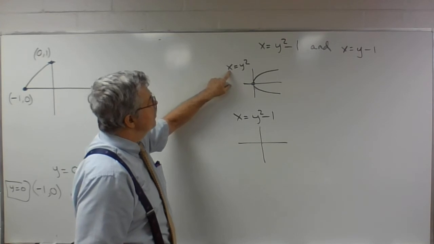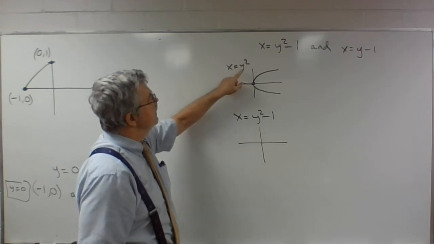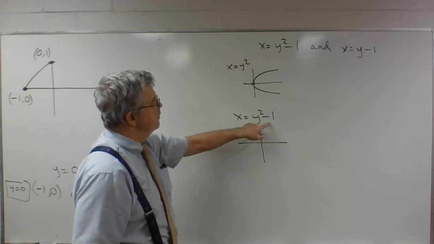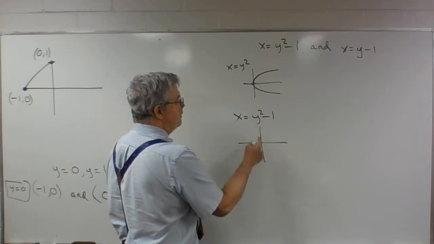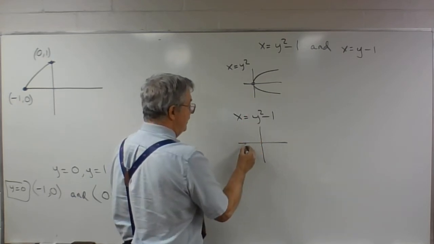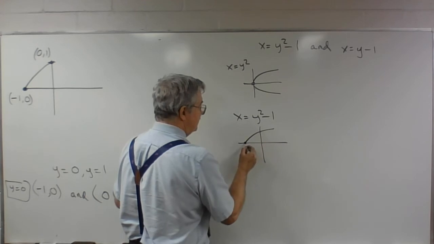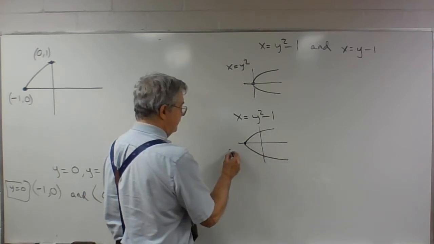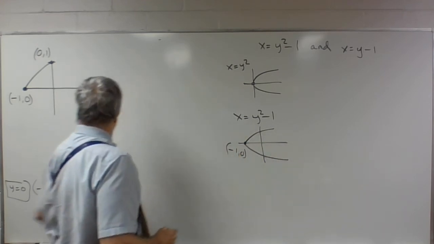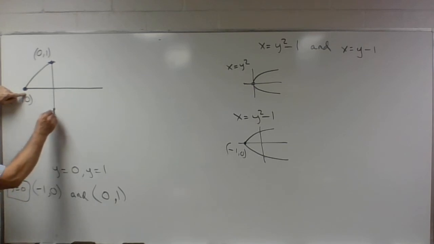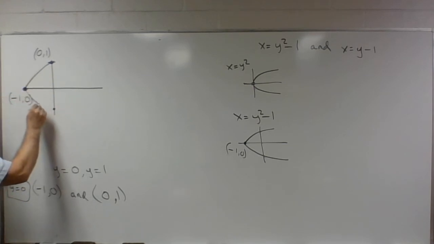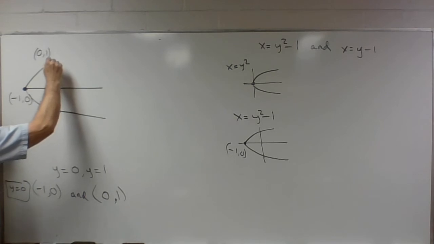If I subtract 1 from the x coordinate, I'll take the x coordinate y squared and subtract 1. I'm subtracting 1 from the x coordinate of every point on this graph. That moves the graph to the left 1 unit. So this point of intersection actually turns out to be the vertex of the parabola. Son of a gun.